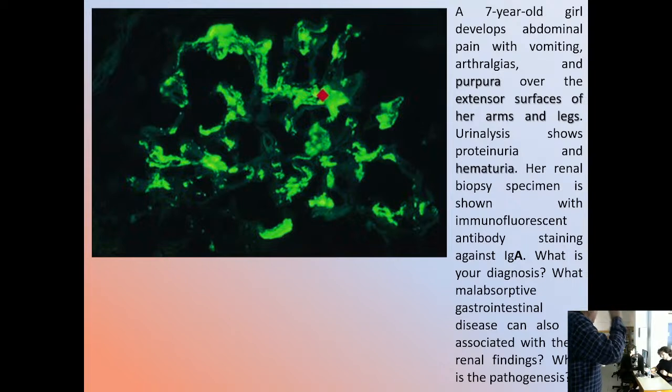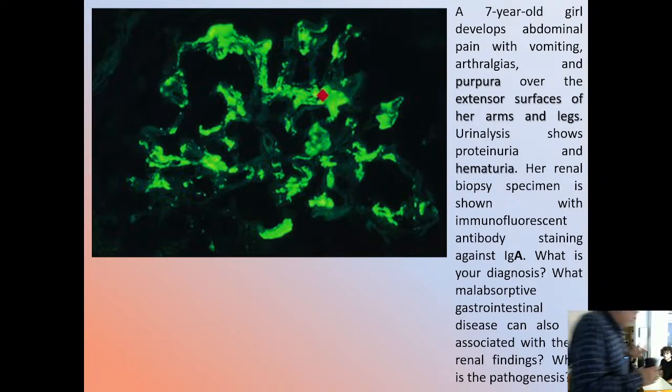You see the selective deposition of IgA immunoglobulin in the areas of the mesangium where we saw the increased number of cells. And pay attention that the pattern is granular. There are small, small granules. This is highly specific for immunocomplexes deposition, immune depositions. That's the correct image.